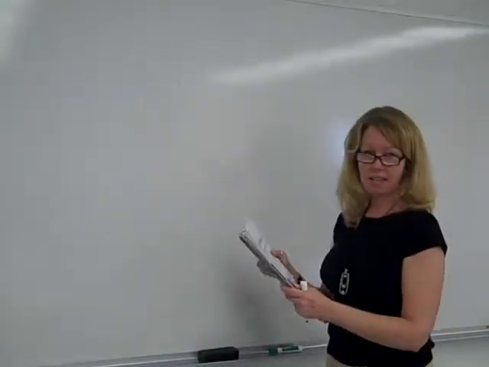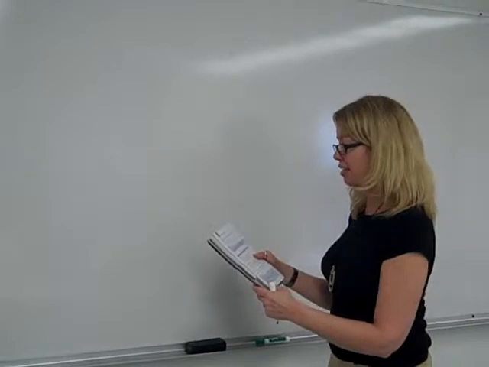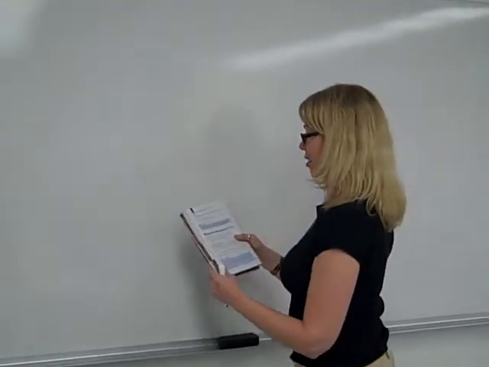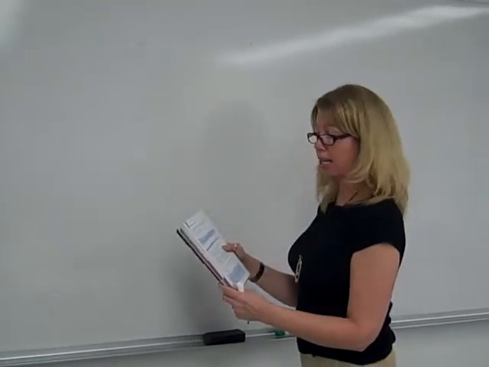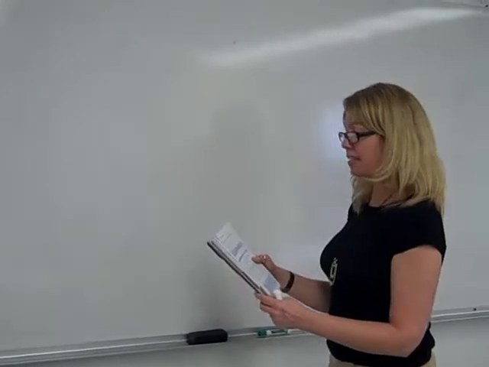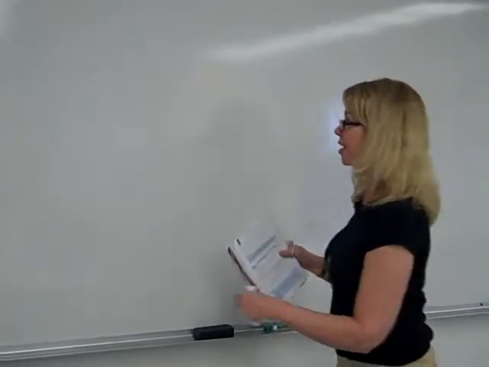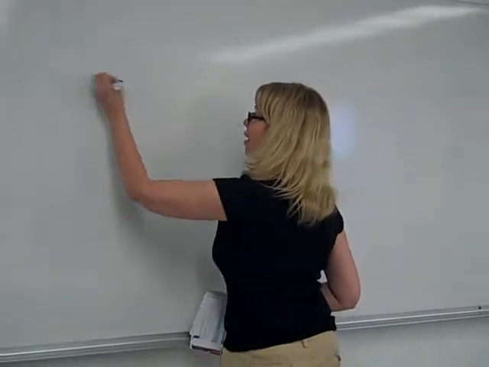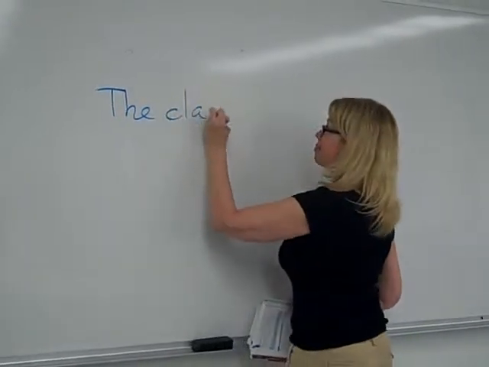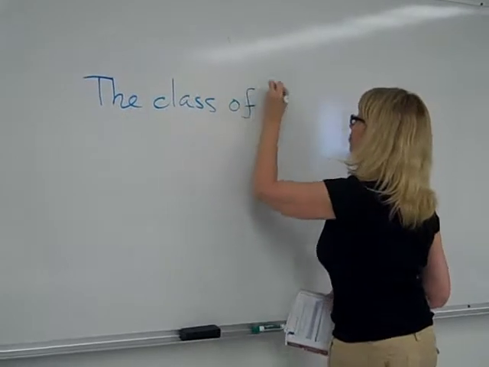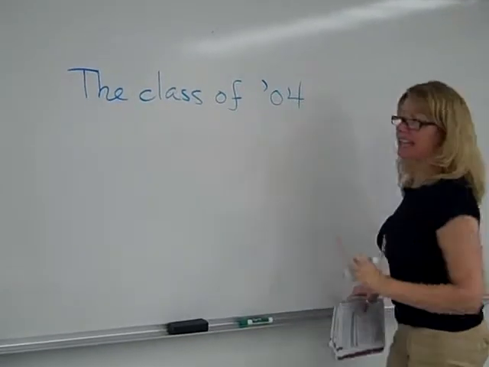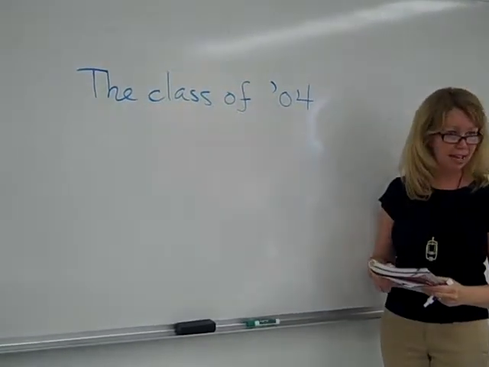If you're looking at the top of page 216 for years, it says in informal English, an apostrophe sometimes replaces the first two numbers in a year. So, what does this mean? The class of '04, what does that mean?